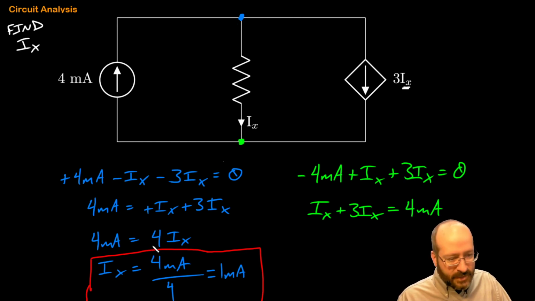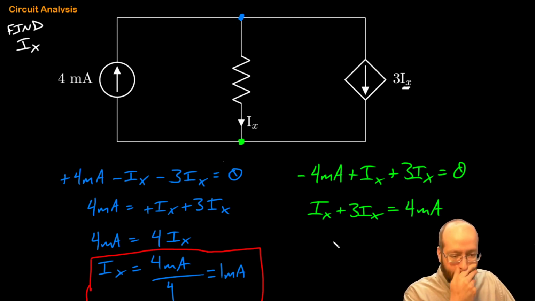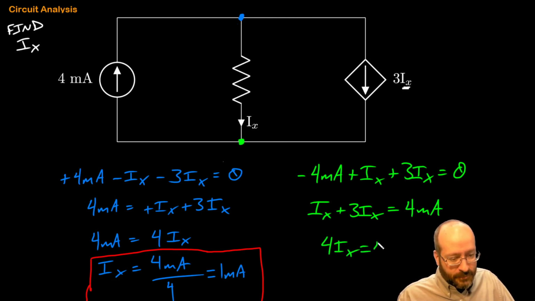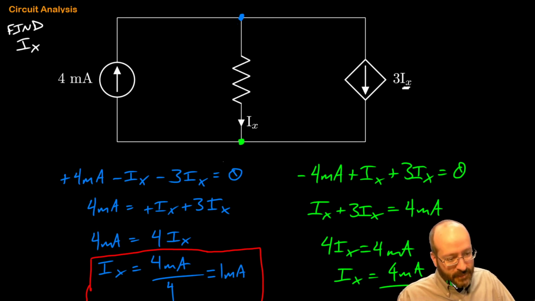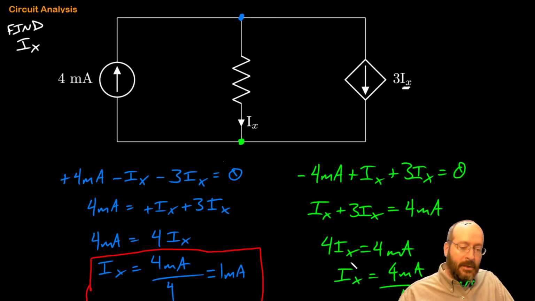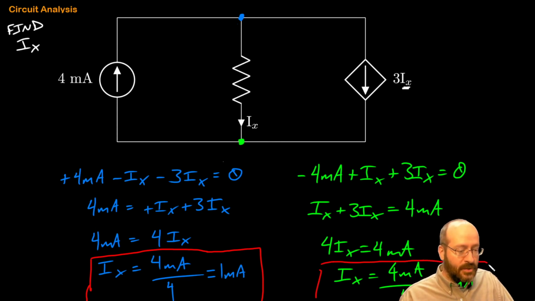Hey, isn't that what I had over here? Yep, just flip the sides. So it ends up being equivalent, and we get 4 IX equals 4 mA, or IX equals 4 mA divided by 4, also known as 1 milliamp. All right, same answer. Didn't matter which node I picked. We get to the same place.